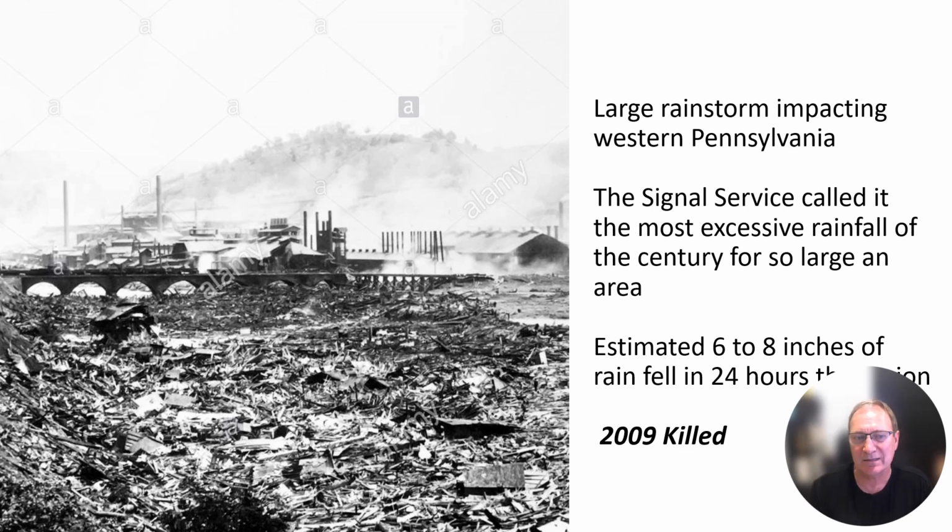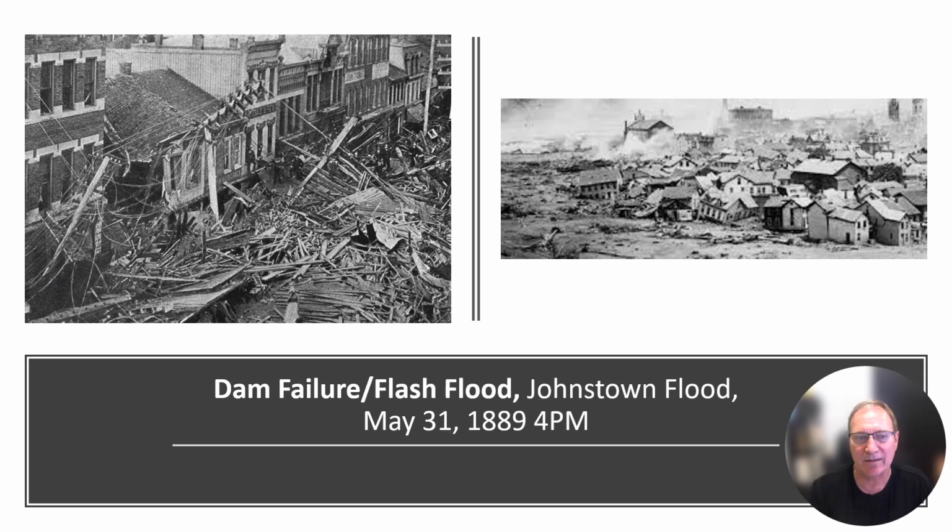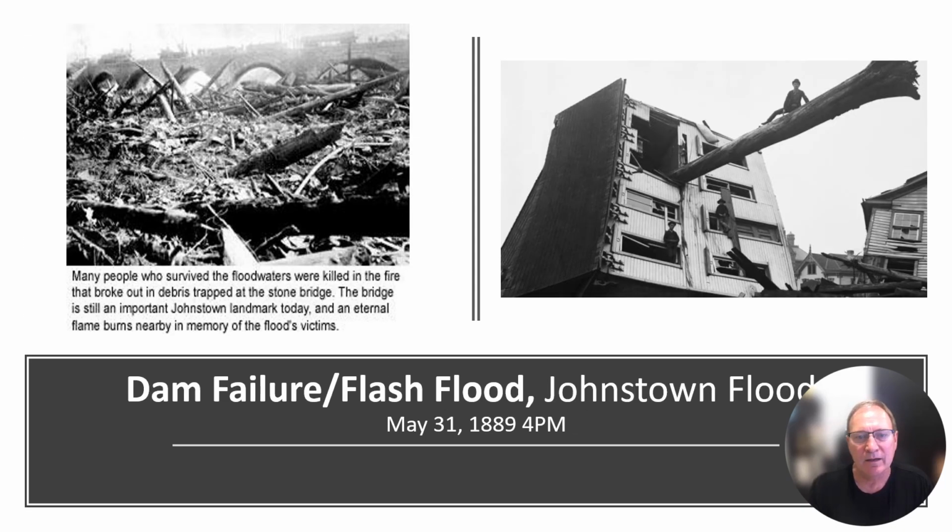The city south of the dam was completely wiped away, and as I say, it was a city of 10,000 people. This gives you an idea of what the city looked like, and some additional images of how truly catastrophic it was.